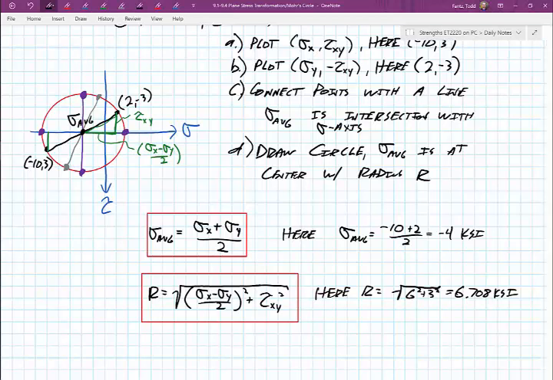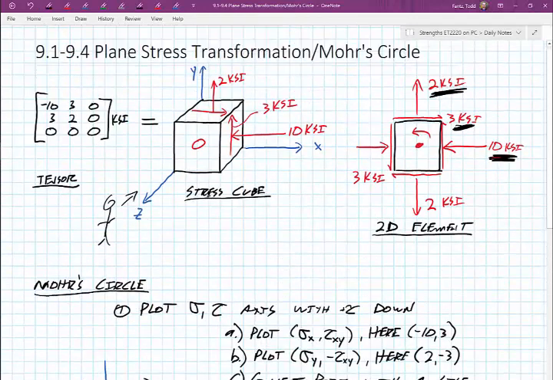So let's talk a little bit about how we rotate along Mohr's circle. There's a relationship between rotation on Mohr's circle and rotation of our actual element, if you think about rotating this in theta.